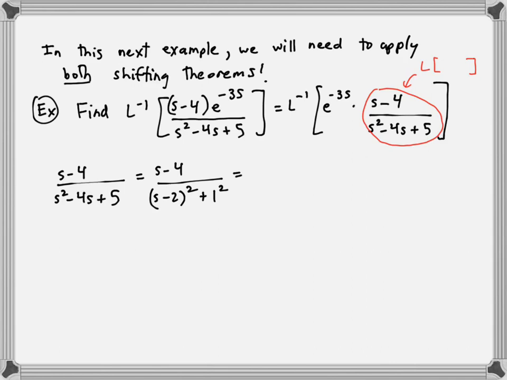And then I know that I'm not going to be able to take the Laplace inverse of this. However, if I write it this way, I can then write it like this.